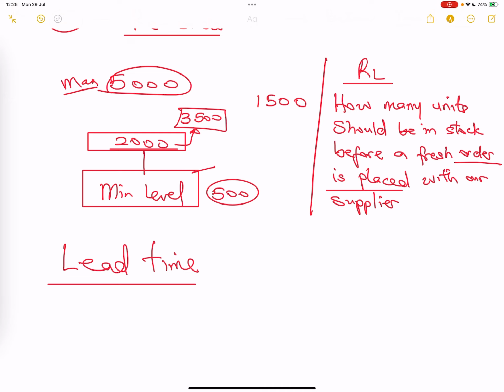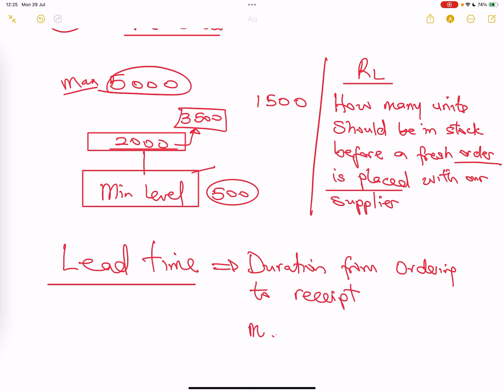Lead time is the duration from ordering to receipt. So if you place an order on Monday and the order is delivered on Wednesday, then you have a lead time of about 2 days.